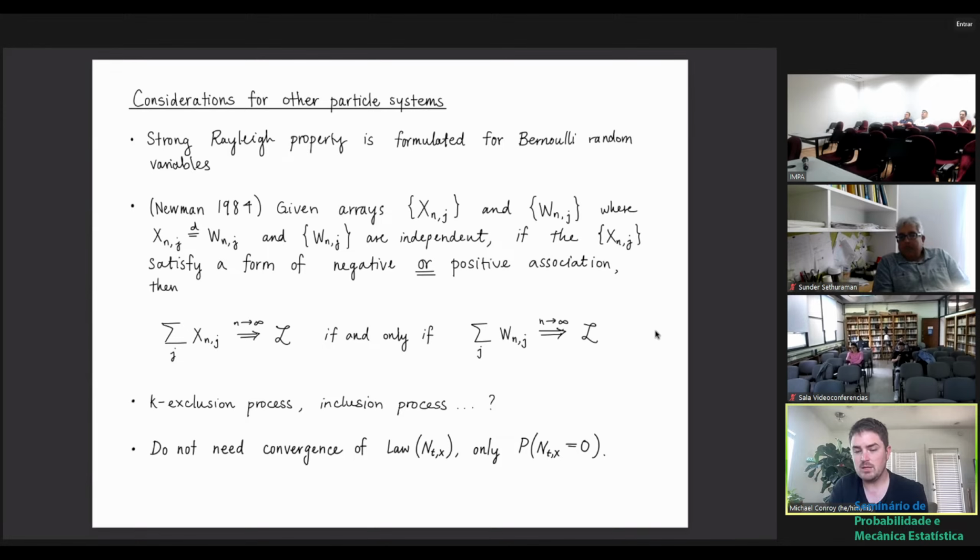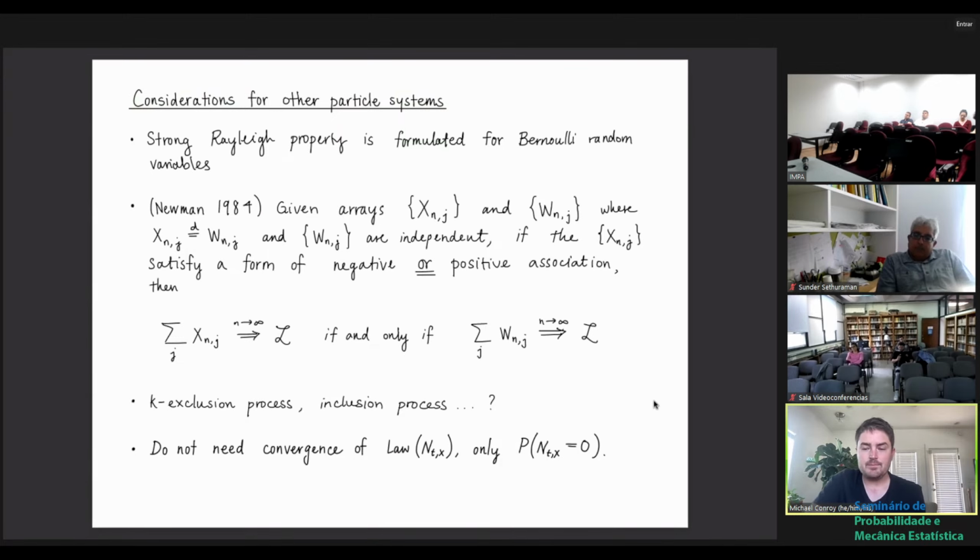So it's possible that there's some systems where maybe this is not what you have, but you have convergence of this probability, which is what you need to show the limiting law of the leading particle. So these are things we've been starting to think about.